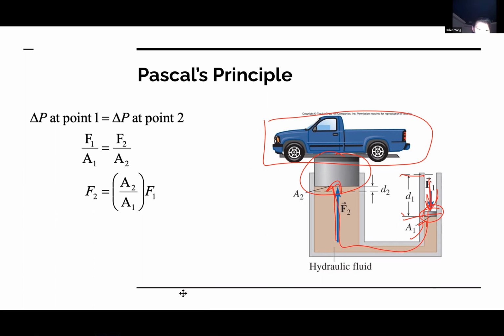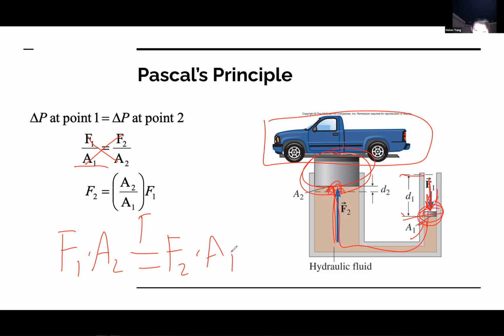So you can write it as the equation: F1, the force of this one, divided by the area of this, is equal to F2, the force of this one, divided by the area of this. If you do cross multiplication, you get the force of one times the area of the second is equal to the force of the second one times the area of the first.